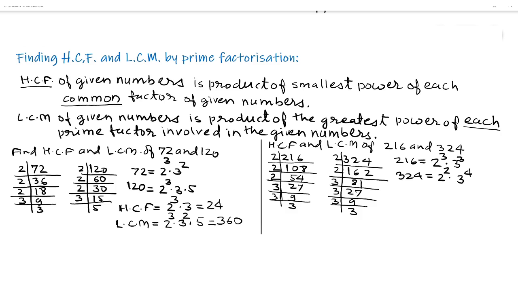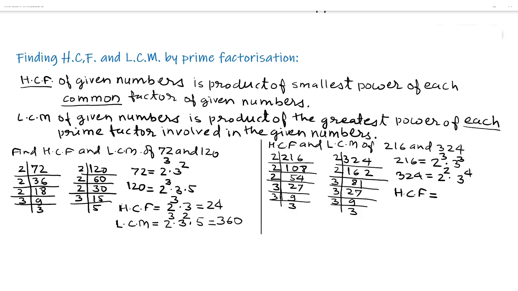Now we have to find HCF. HCF is the smallest power of each common factor. So we have to find the common factors. 2 and 3 both are the common factors of given numbers, and we have to take the smallest power of these.